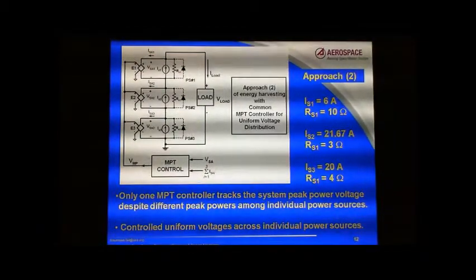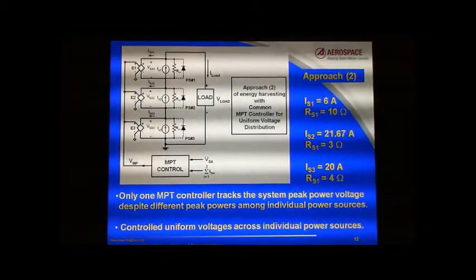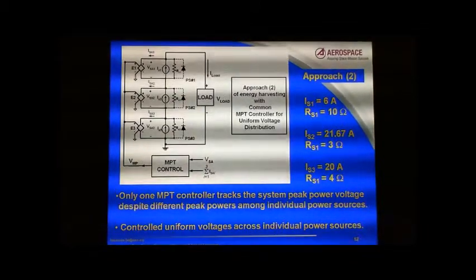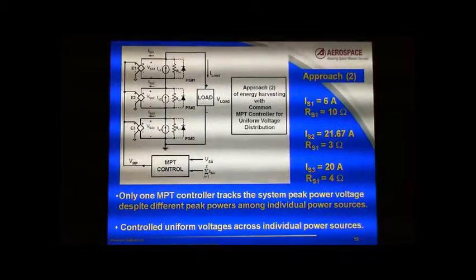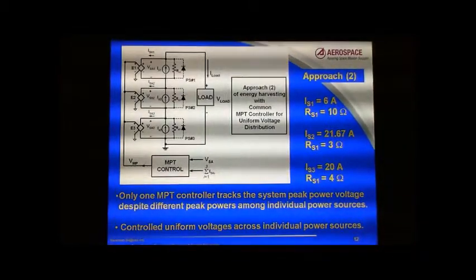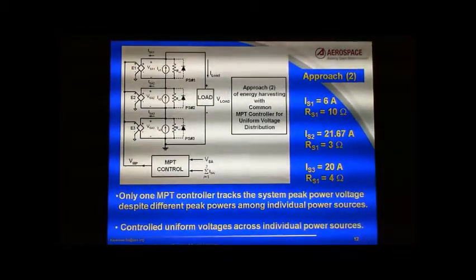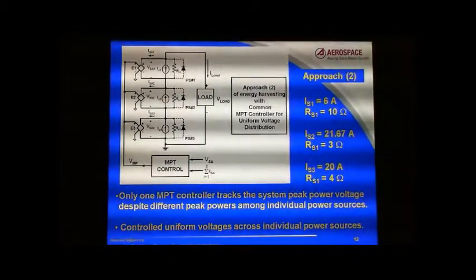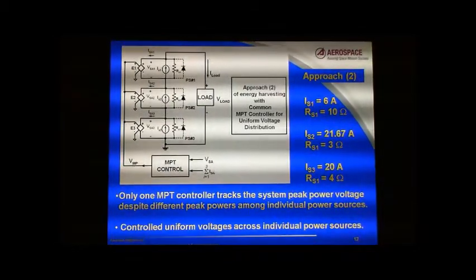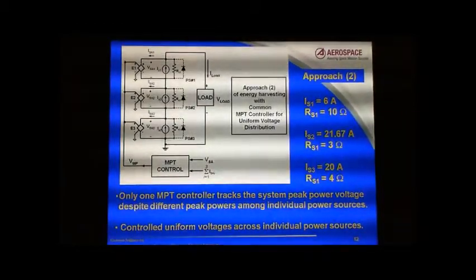In this particular control, only one MPT controller is used to control the sourcing voltage of all serially connected power sources to be equal voltage, and control uniform voltage distribution across individual power source.